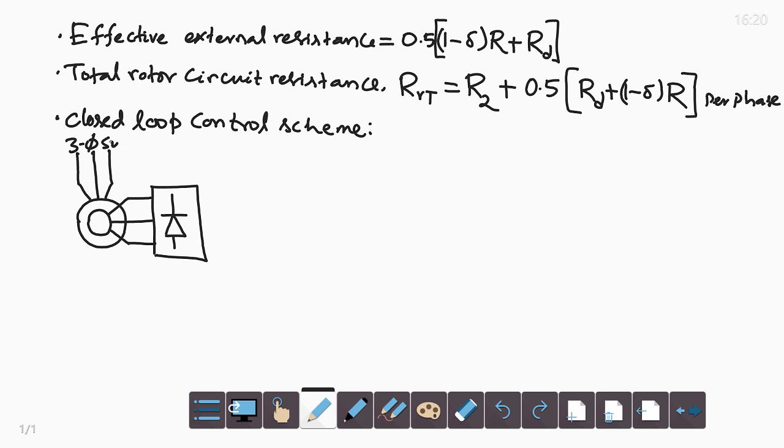This is the 3-phase supply to the 3-phase induction motor, and rotor terminals are connected to a 3-phase diode bridge rectifier, and output of the diode bridge rectifier is filtered, and there is a speed sensor for speed feedback.